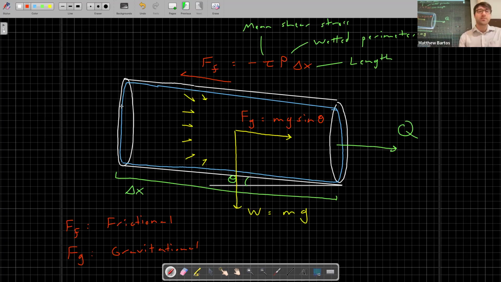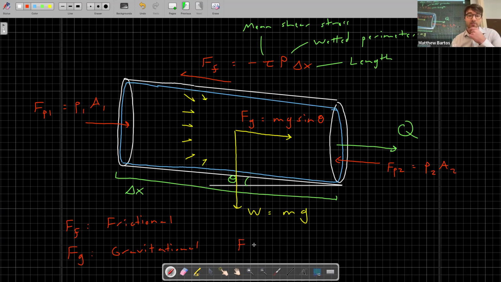So we have some pressure acting on the upstream end. I'll call that FP1. This is equal to the pressure at the upstream end, P1, times the cross-sectional area at the upstream end, A1. We also have some net pressure force at the downstream end acting in the opposite direction. This is going to be FP2. It's equal to the pressure at the downstream end times the cross-sectional area at the downstream end.